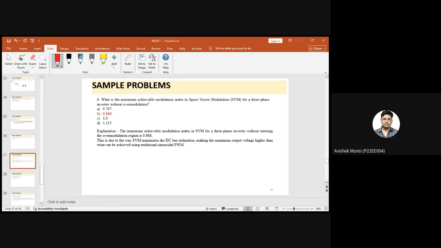So the correct answer is 0.866. For a three-phase inverter, the limit of the linear region without overmodulation is 0.866 in case of SVM. Okay.